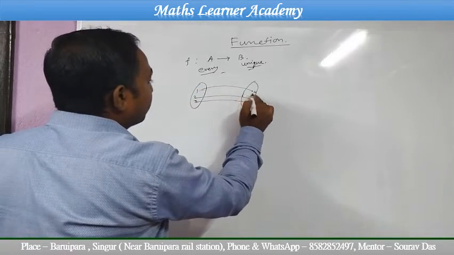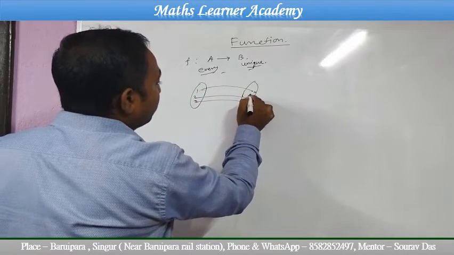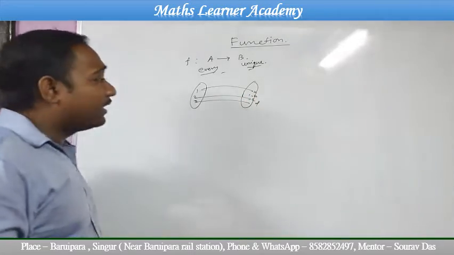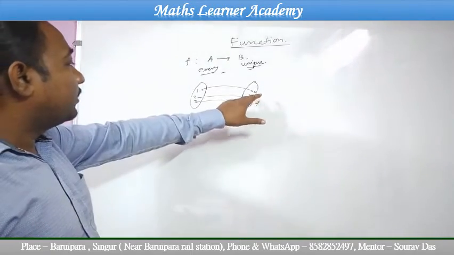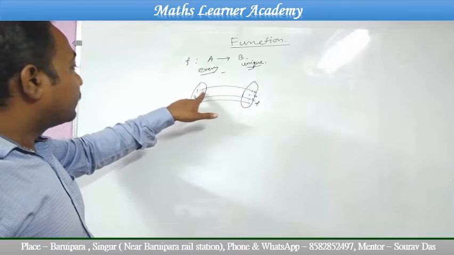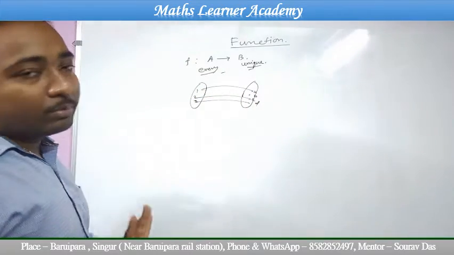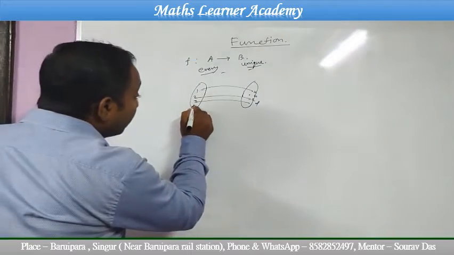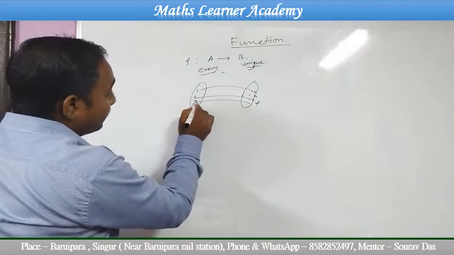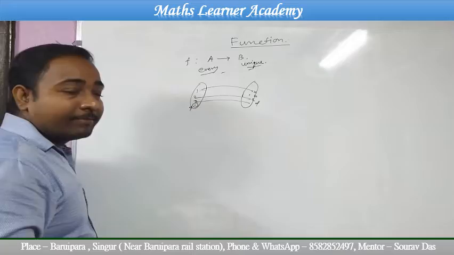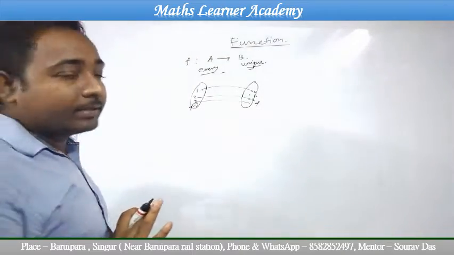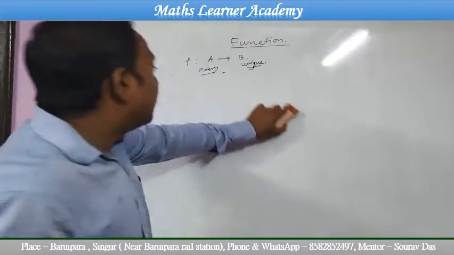Now it will be a function. This b remains unassigned here, but that doesn't matter. So 1 to a, 2 to c, and 3 to d. It will be a function. But if any element remains unassigned here, suppose this is unassigned here, 4, then it will not be a function, right? So this is our basic concept of the function.